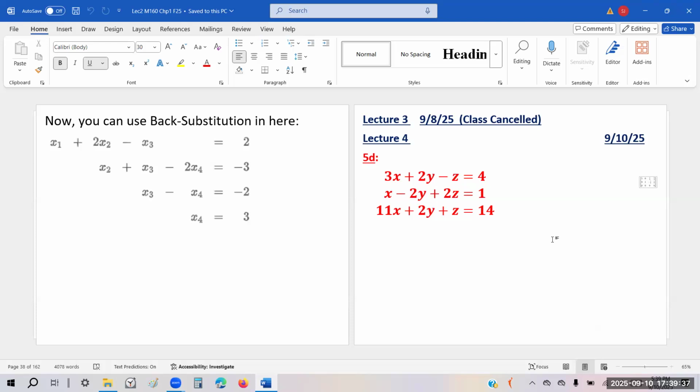So here we have 3 linear equations in terms of 3 variables. So we are going to reduce our augmented matrix. But before we do that, first we need to write down the augmented matrix.